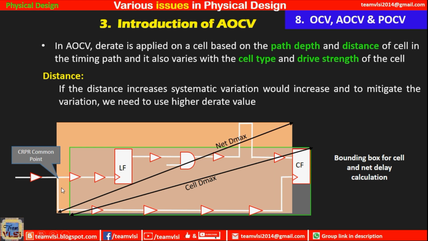If not, just take our overview of CRPR on the internet, you will easily find what the common path pessimism point is. Basically it is the point where both your clocks get divided, and before that, for both the launch clock and the capture clock, the path is common.